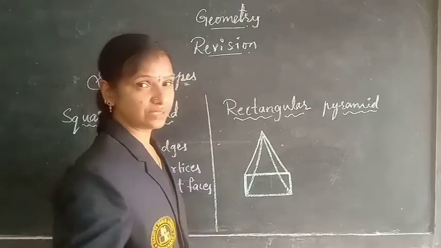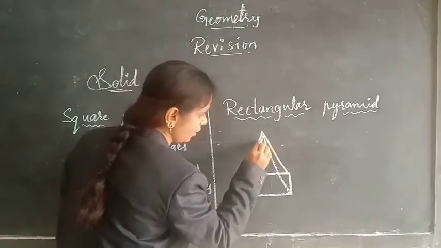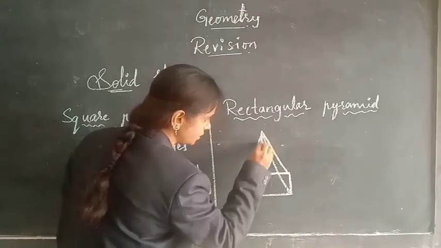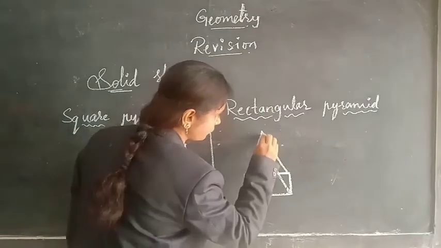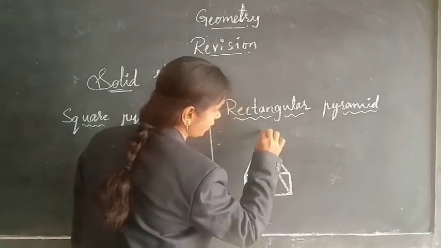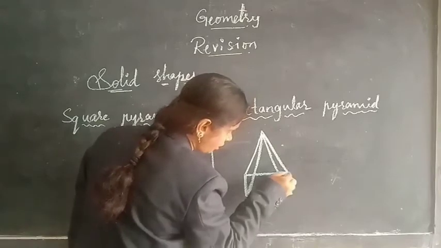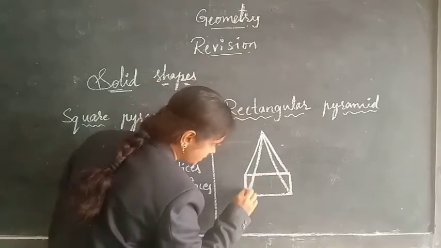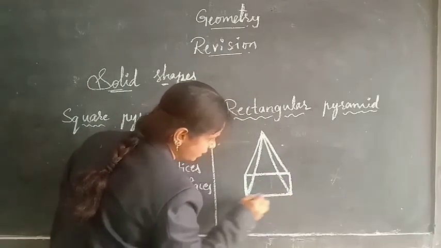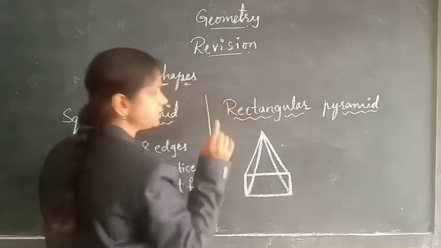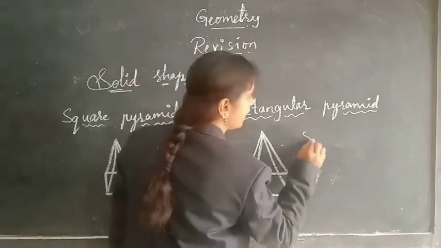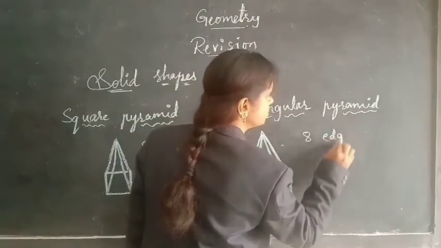Let's count the edges for it. 1, 2, 3, 4, 5, 6, 7 and 8. Means a rectangular pyramid has 8 edges.